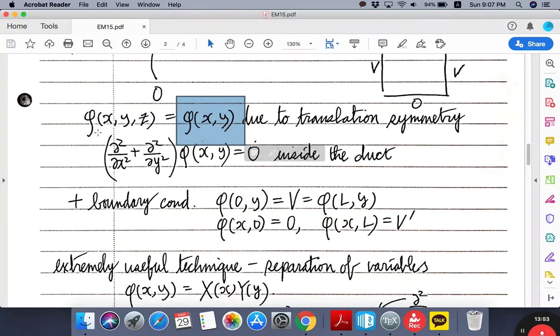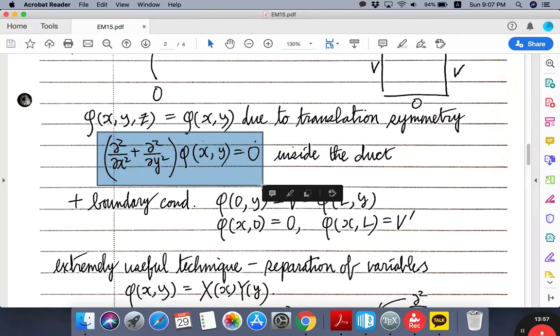And luckily, as a result, the Laplace equation also simplifies from being a three-dimensional Laplace equation to a two-dimensional Laplace equation like this inside the duct.